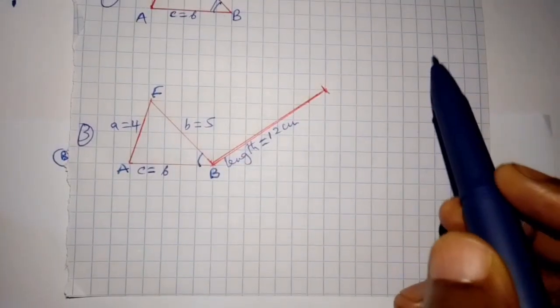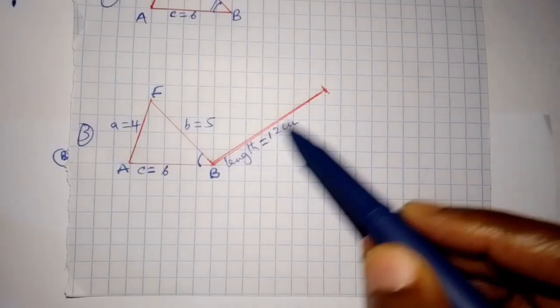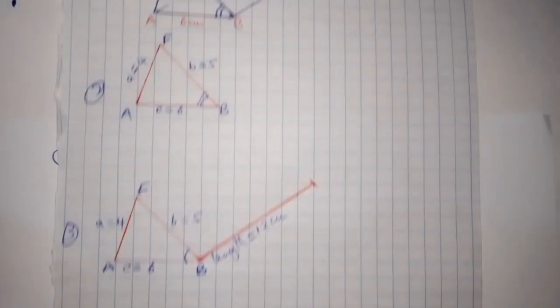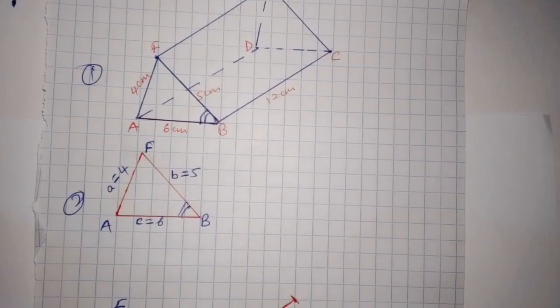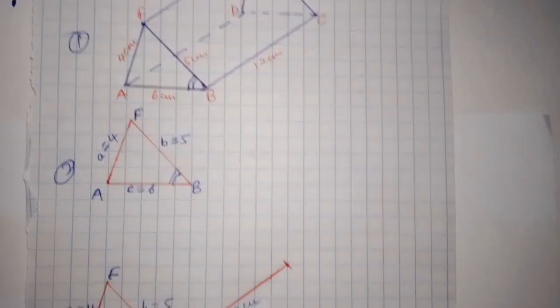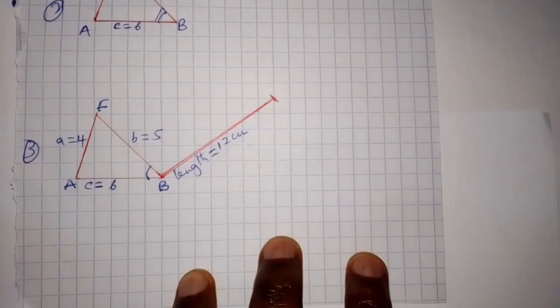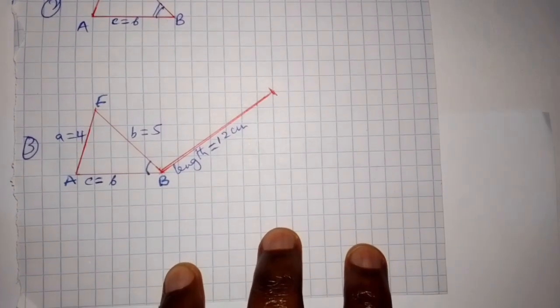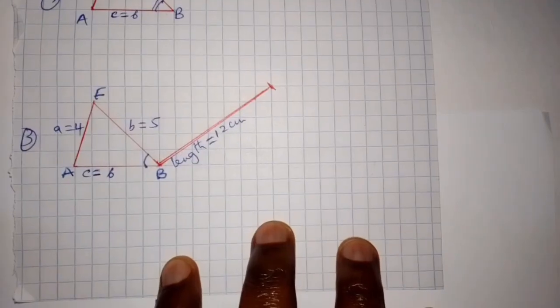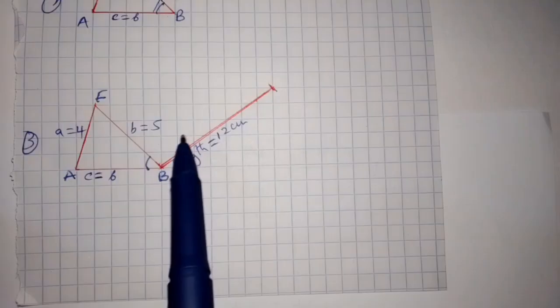So now the length here is 12. This is the length of the prism, which is 12. So now we want to find the volume of this figure here.